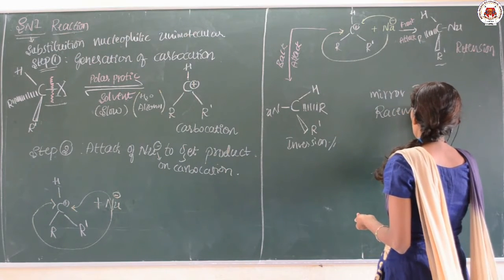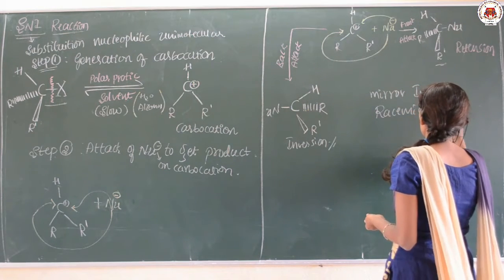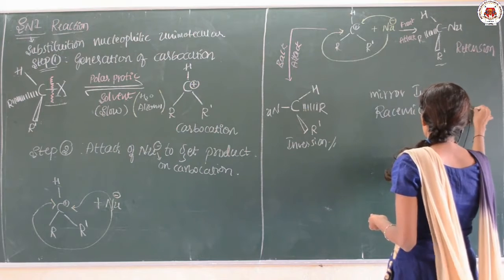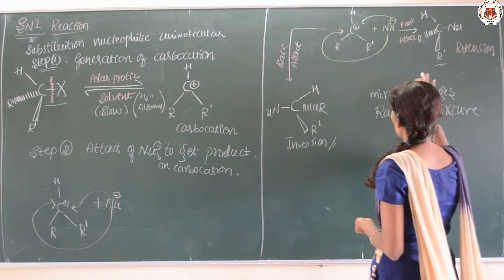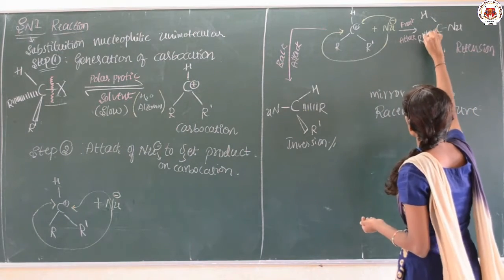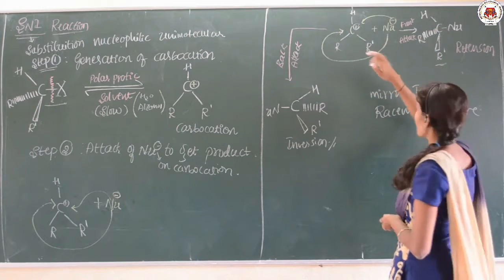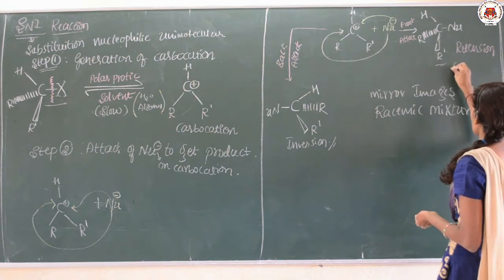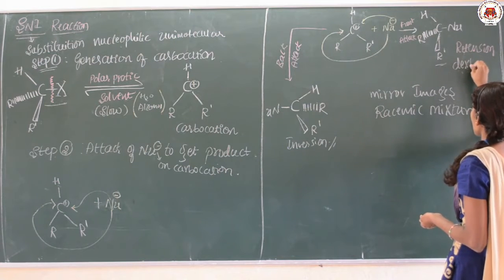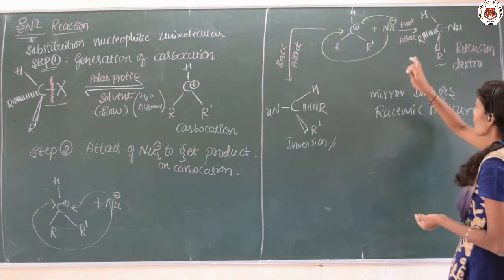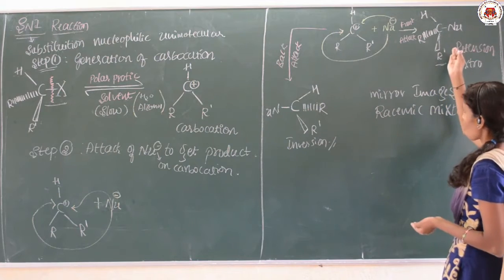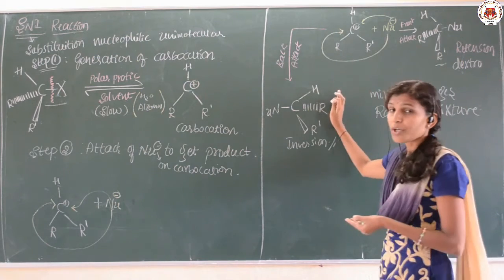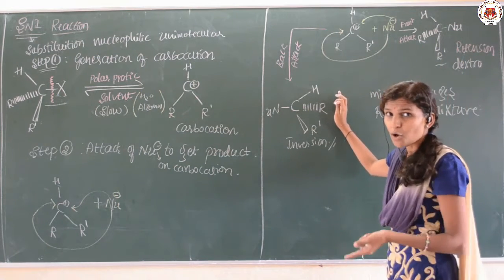Racemic mixture means what? See here, suppose this product rotates the plane polarized light towards the right, clockwise, that is said to be dextro-rotatory, while the other rotates the plane polarized light anti-clockwise.